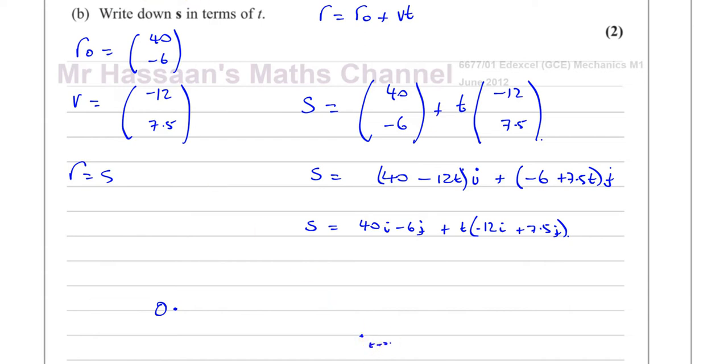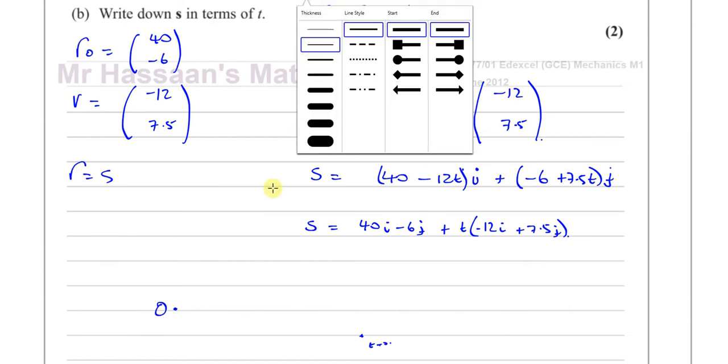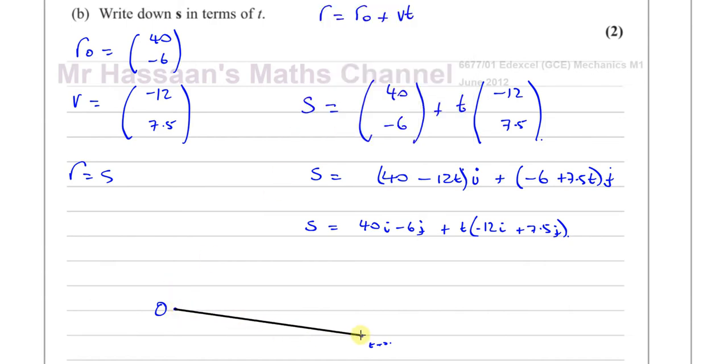So that vector, that line going from there to there, that would be r0. So that's the position vector of the ship at time equals 0. And the ship is moving and going along in this direction with this magnitude. So minus 12, 7.5.